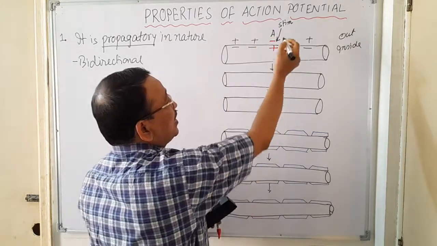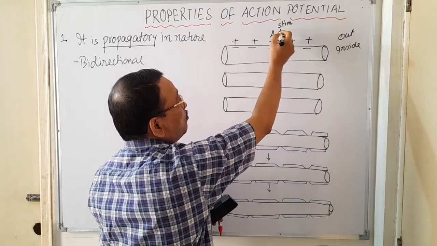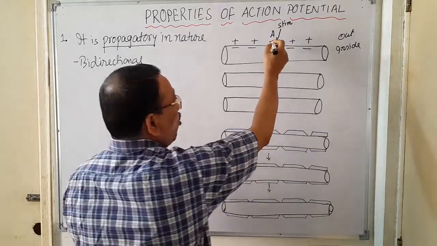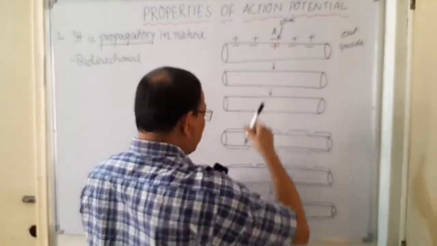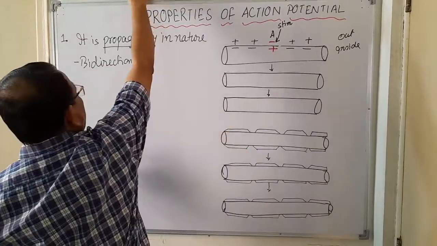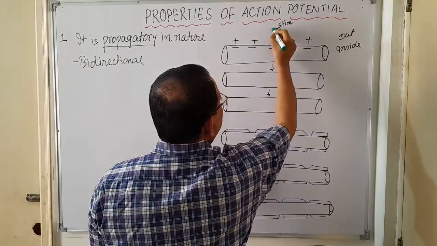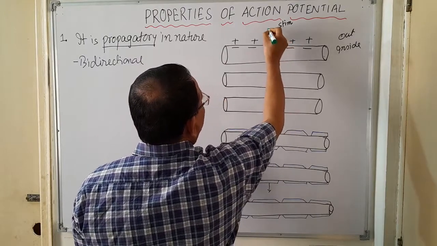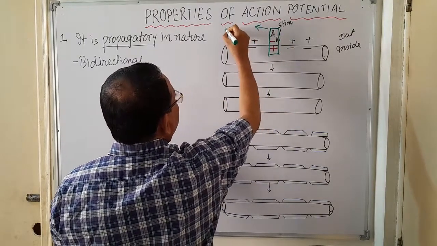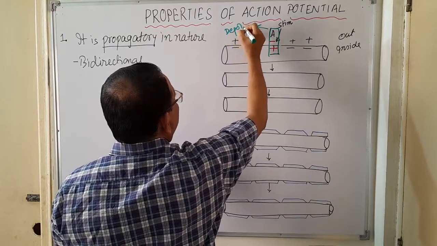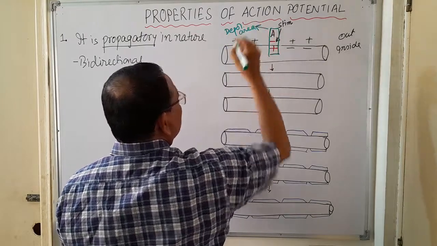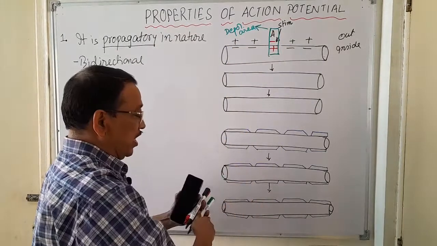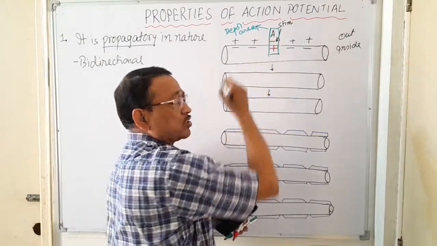So we can say that in response to the stimulus of threshold intensity at point A, the cell membrane is depolarized. This is known as the depolarized area.